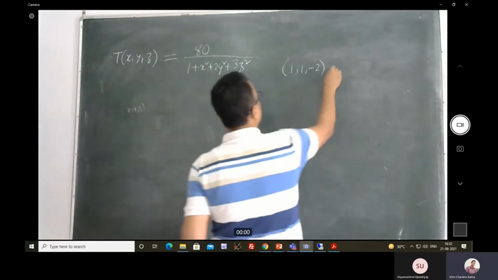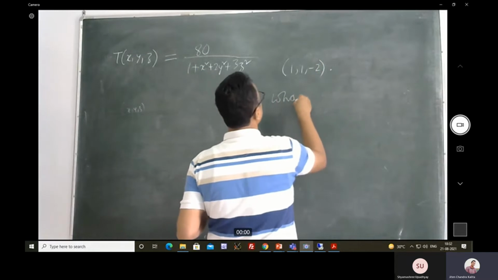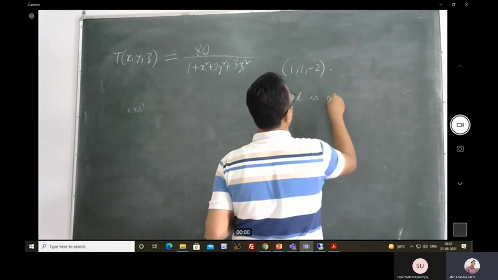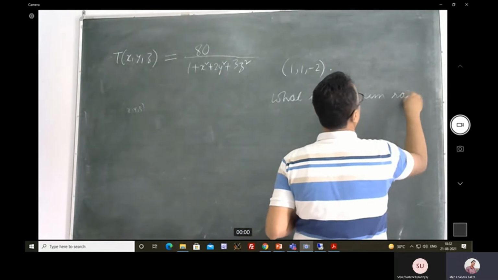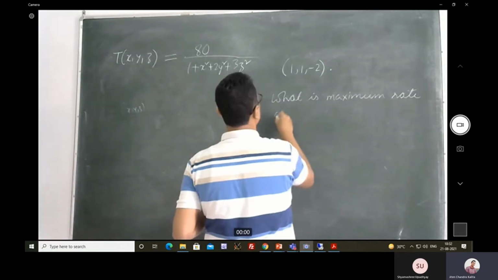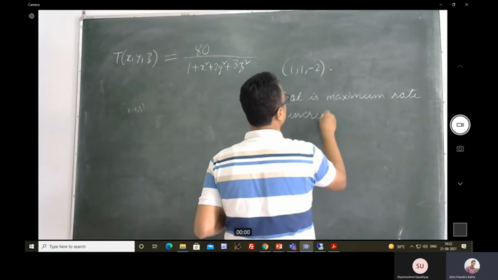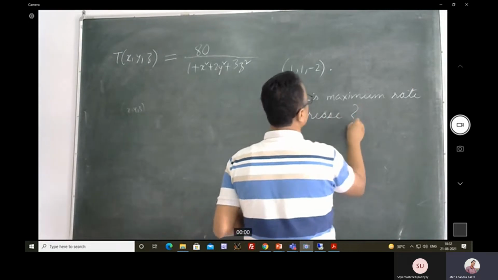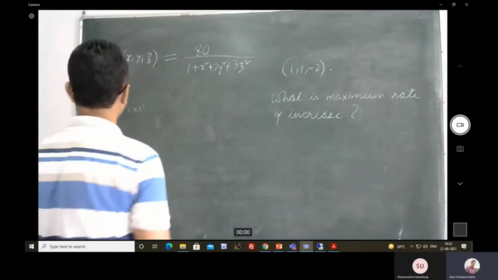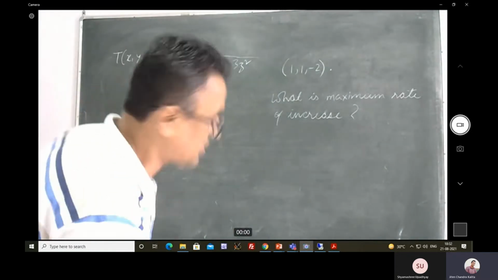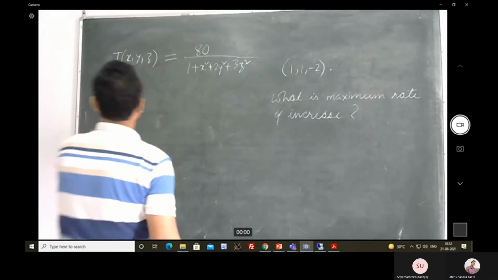And the next question is, what is the maximum rate of increase? So these are the two questions. You can see that this is a very practical example. Of course, I have taken it from Stewart's book.